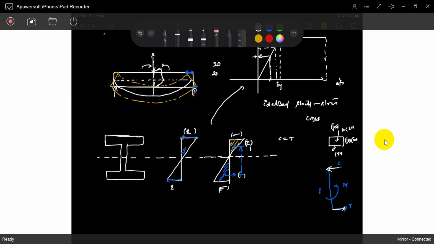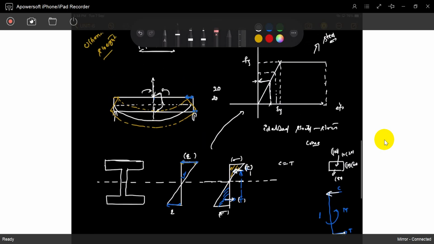Compressive force should be equal to tensile force, that is the equilibrium. Later, these two forces have a certain distance, the lever arm, and they produce a moment. That is the design philosophy, you will get more in RCC. Okay.